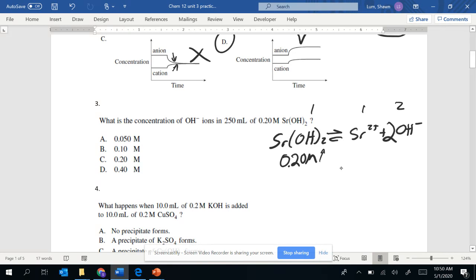So if this is a 1:1:2 ratio, then the concentration of this one is going to be 0.20 molar, and the concentration of this one is going to be twice as much. It's going to be 0.40 molar. This number right here was completely to distract you. Okay, so the concentration of this one is right there.